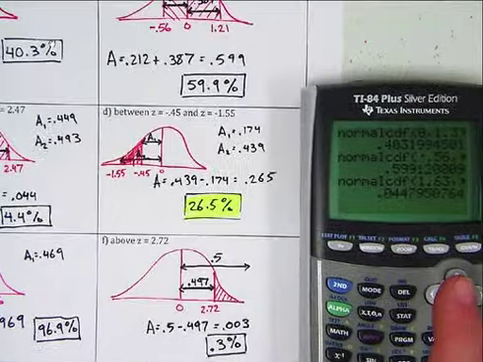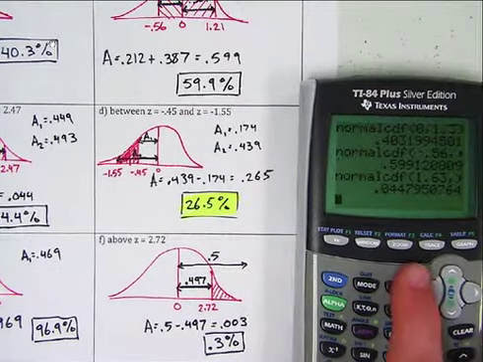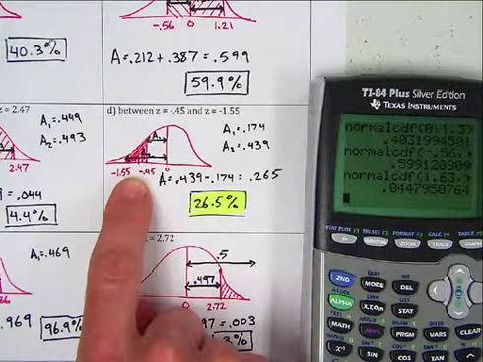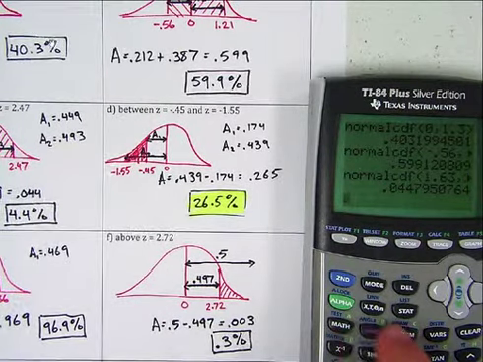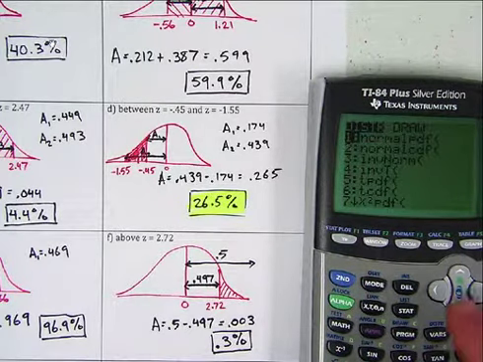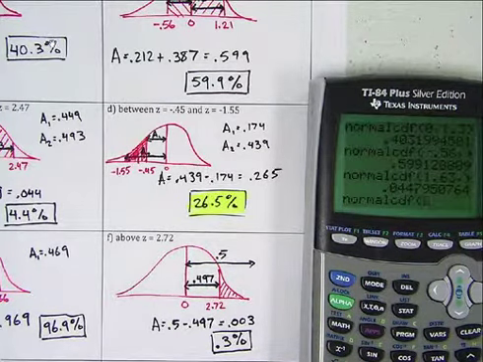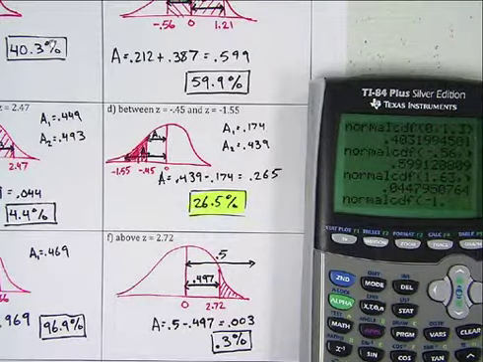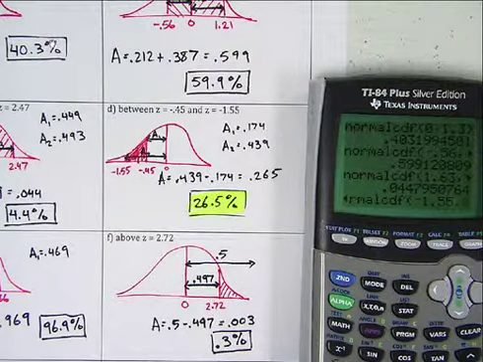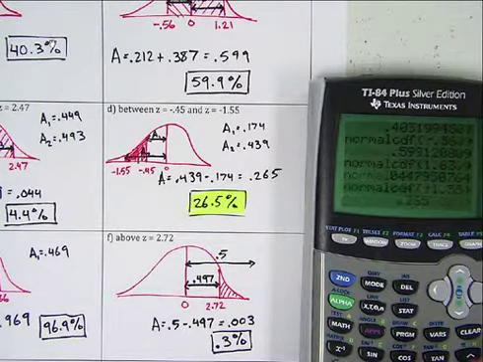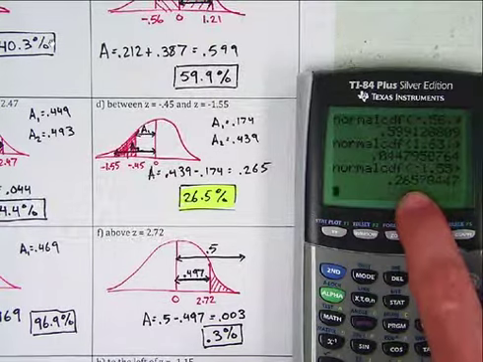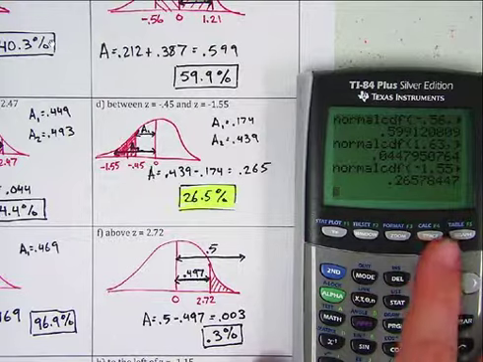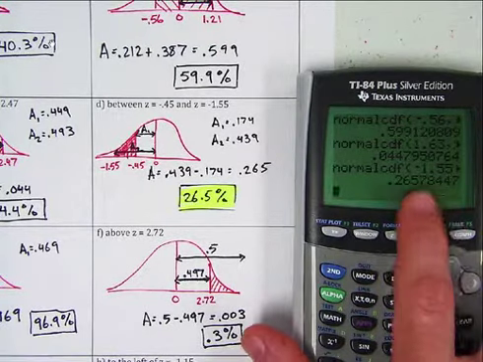Let's try our next one. Okay, you can see shading is still going to be very important so that we can tell what we're looking for. So here, second DISTR, normal CDF. We have negative 1.55, comma, negative 0.45. Sure enough, 265, 265. If you do use your calculator, it's okay to round up.